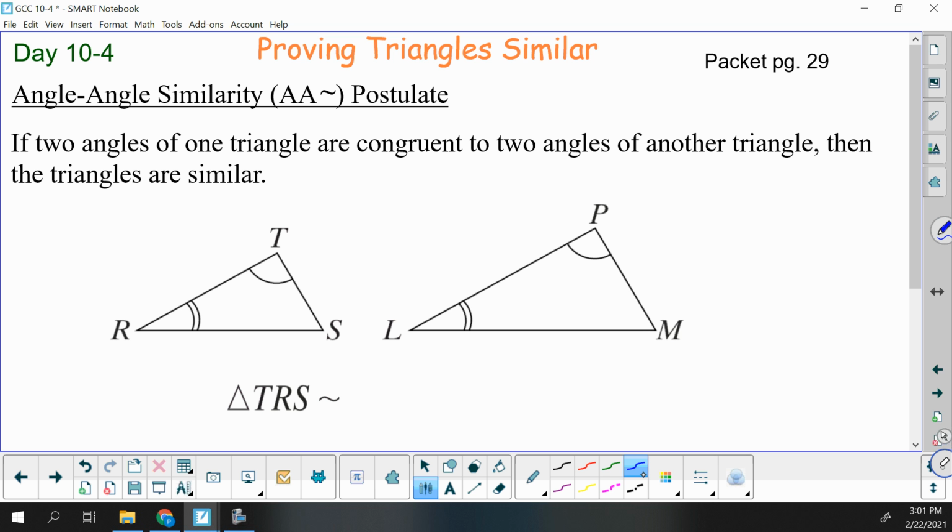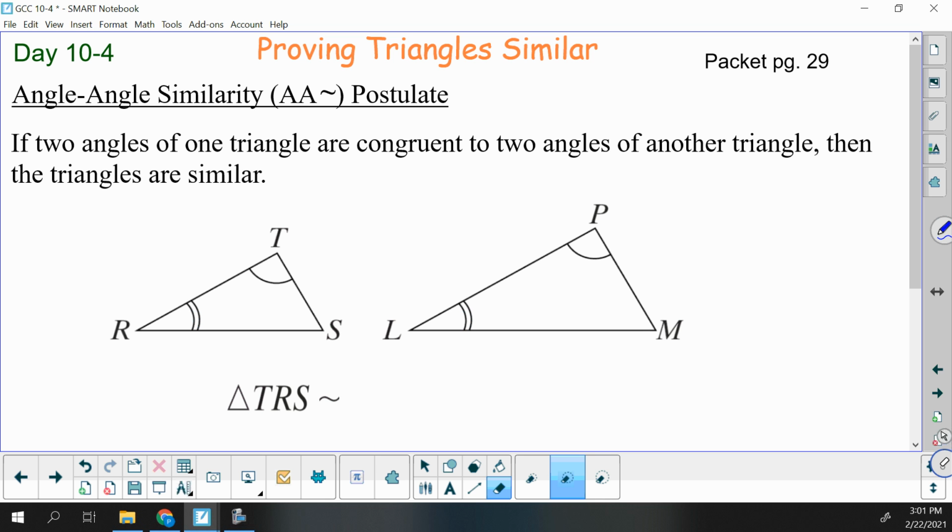So for example, if I had 30, let's say this was 50, that was 30, and that was 50. Well, those together add to 80, so both would have to have 100 for the other one to get to 180. So if you know 2 are the same, really the third is going to be the same.